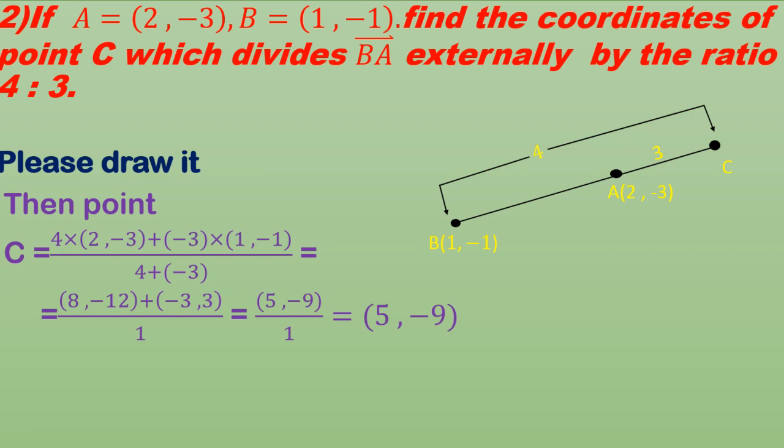Remark please: if the division is externally, please change the sign. Not positive 3, but negative 3, because this is externally. So the only difference between internally and externally in my rule is that the ratio is positive in internally and negative in externally.